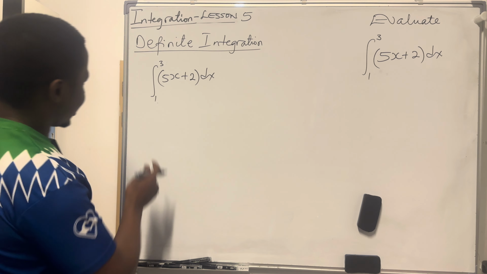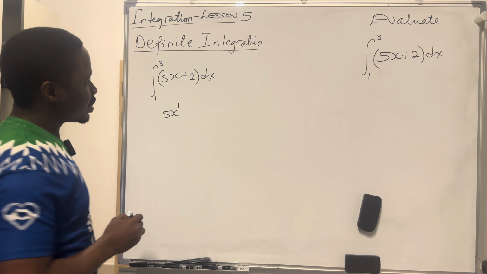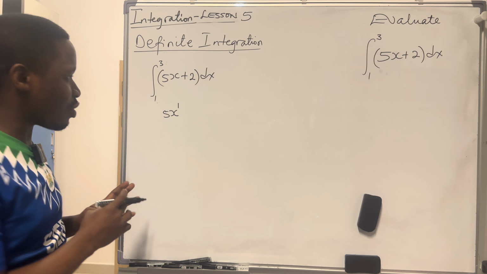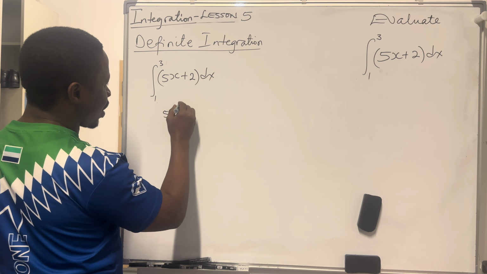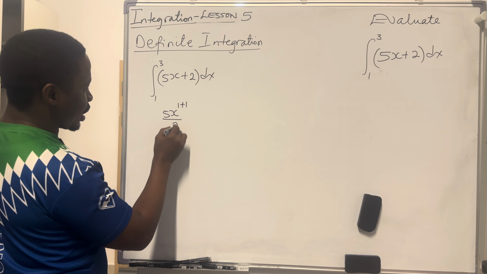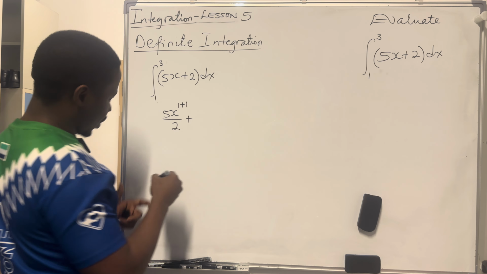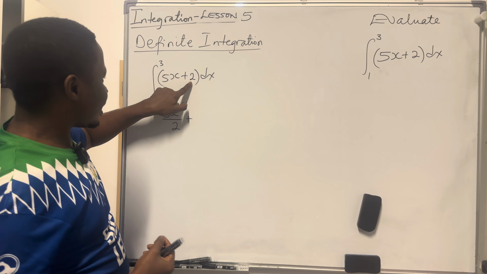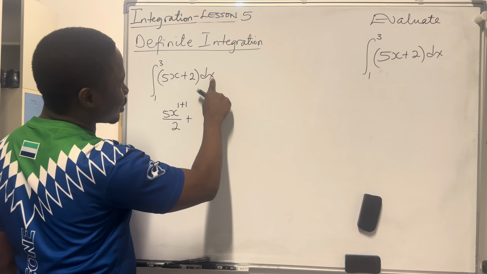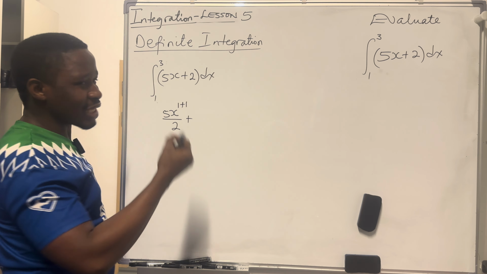So let's see. This is 5x, the power is 1. When you want to integrate basically an algebraic function, you add 1 to the power. Then the new power is what you bring down. 1 plus 1 is 2, so you bring it down. When you are integrating a term that does not contain what comes immediately after d, that one is a constant term.